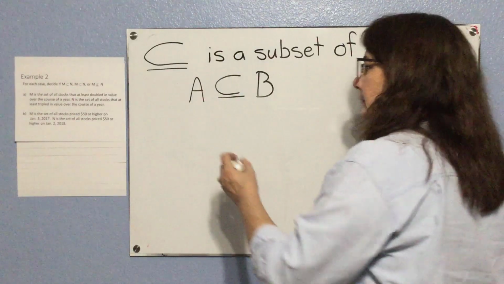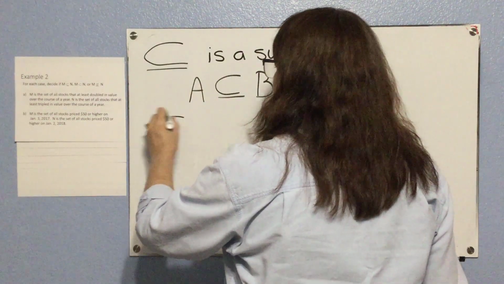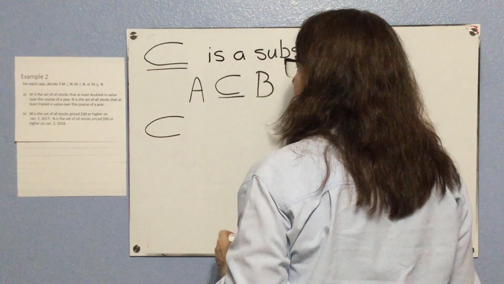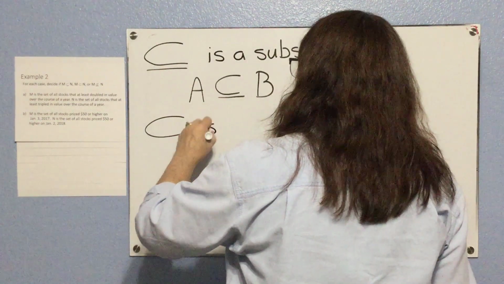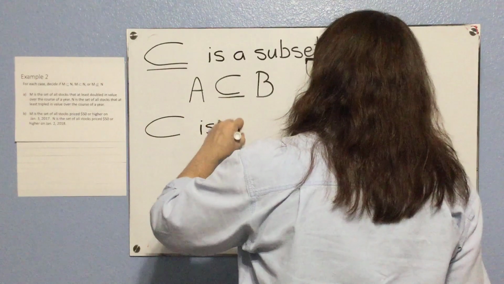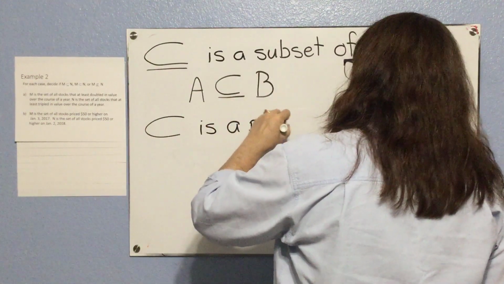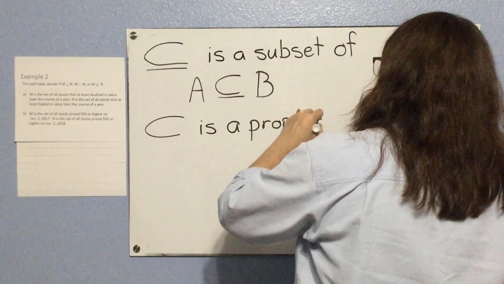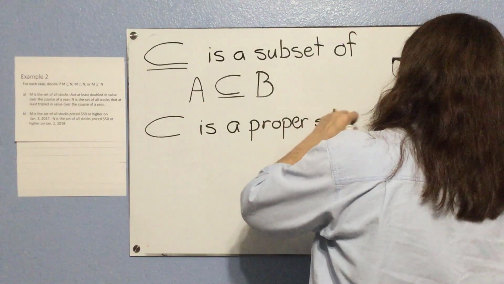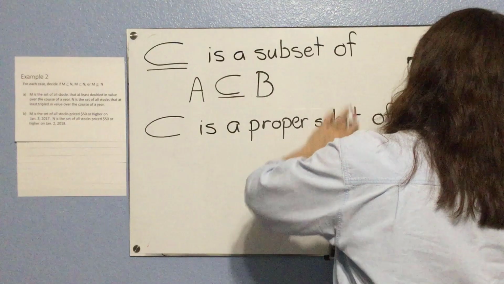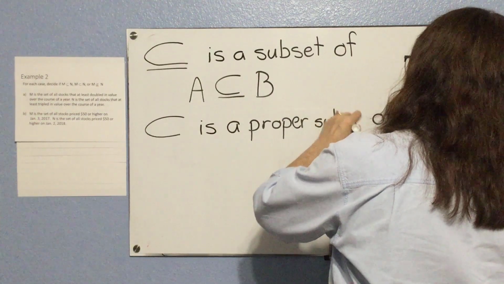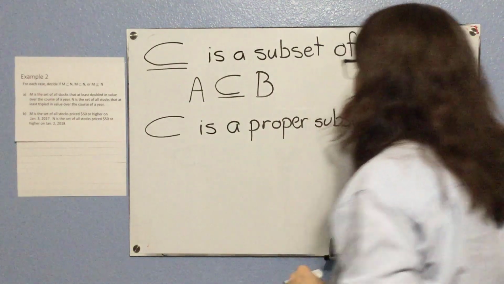We have a little different symbol. If I have that squashed down C without the line, we say it's a proper subset. Cannot spell today.